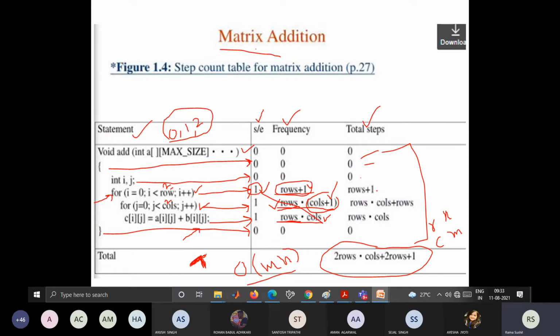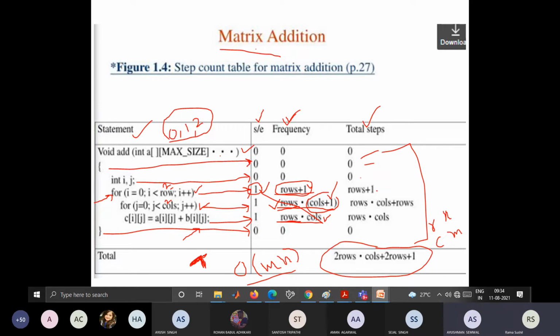Yes. What is S/E? Hello, what is S/E? Where, what are you saying? Frequency. What is S/E? Which statement? Next to frequency. This is for the frequency, how many times a particular statement will execute in total.